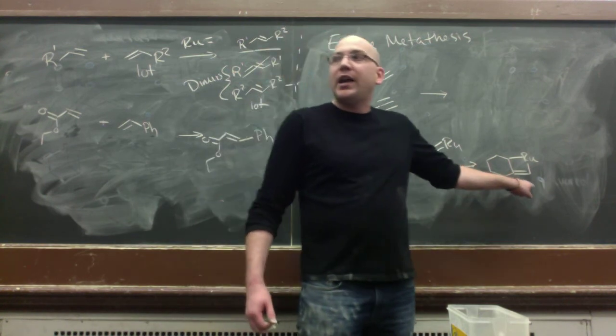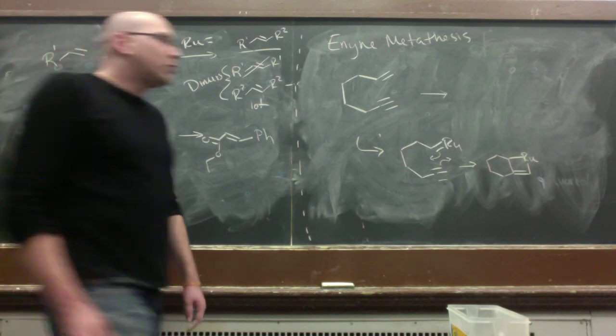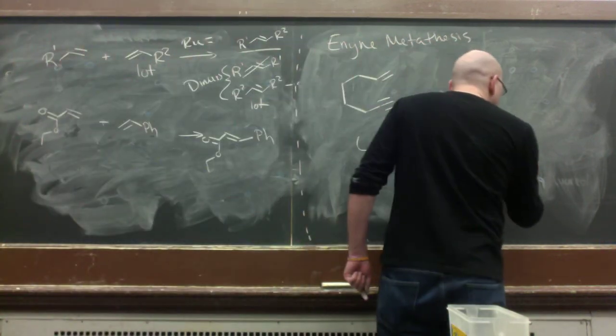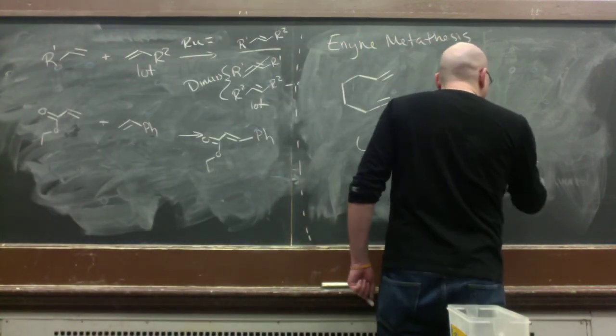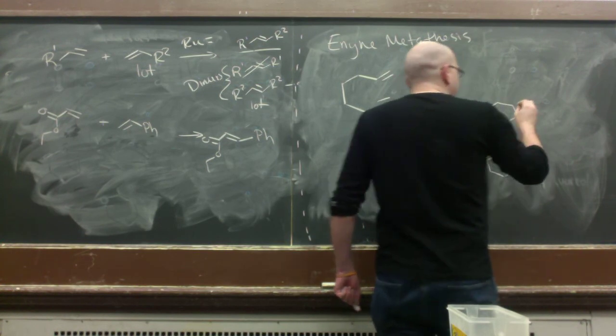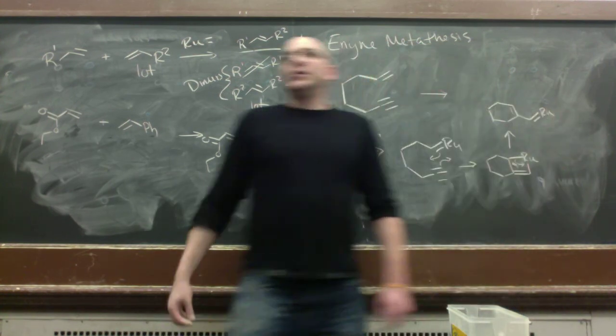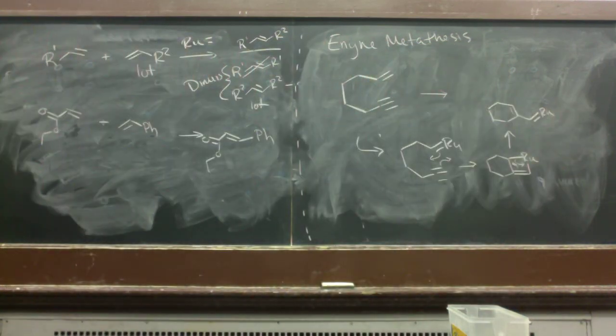It's going to leave behind another pi bond. And then if you do a 2+2 again with this, what's going to happen is you're going to generate a new ruthenium alkylidene. So what does this start to look like? It kind of starts to look like a diene, right, in a way.